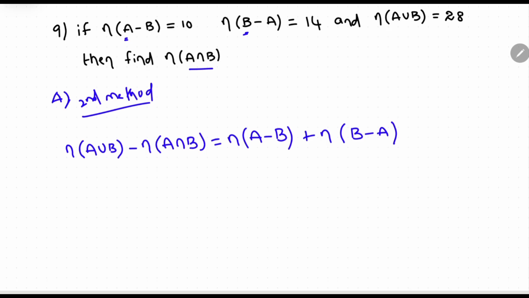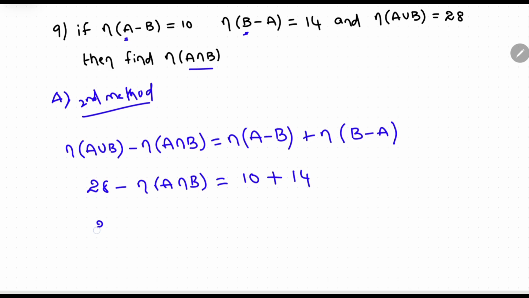So what is the n of A union B value? That is 28. We don't know the intersection now, so we are writing it as it is. What is n of A minus B? 10, plus B minus A, 14.